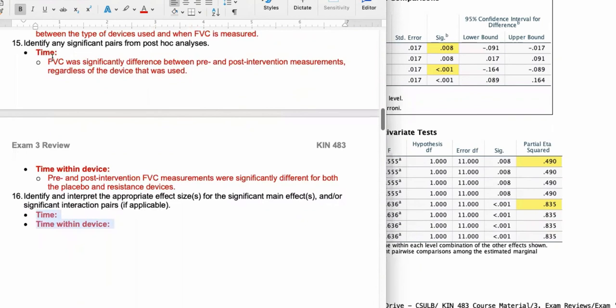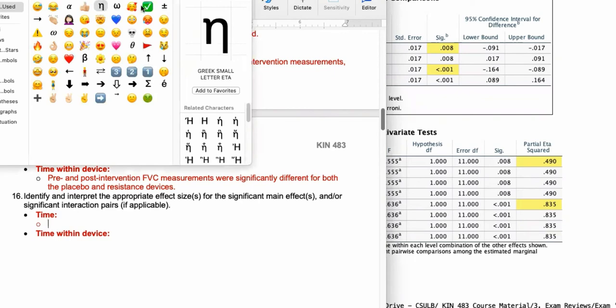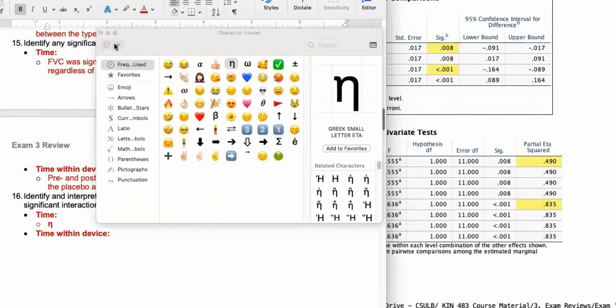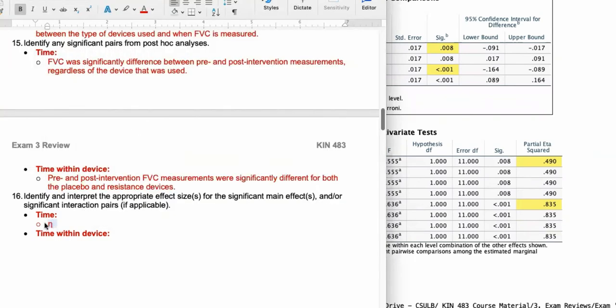Where do I find the effect size for time? Is time a main effect or an interaction effect?